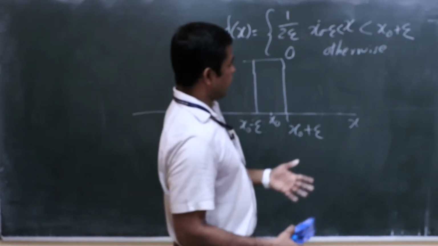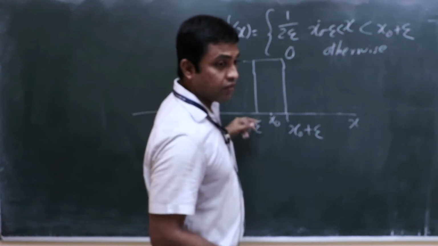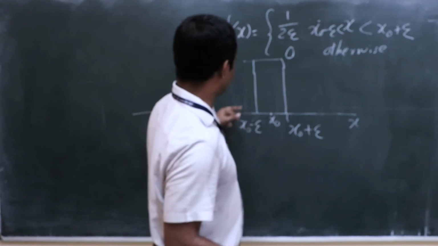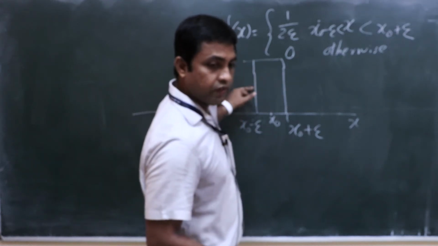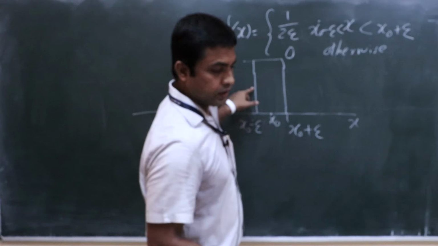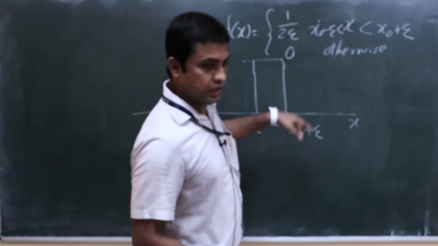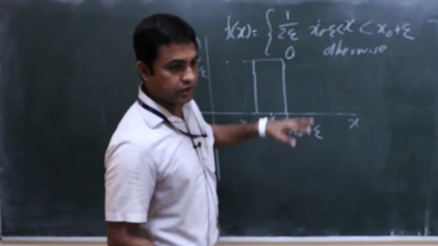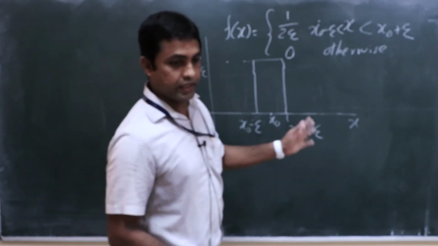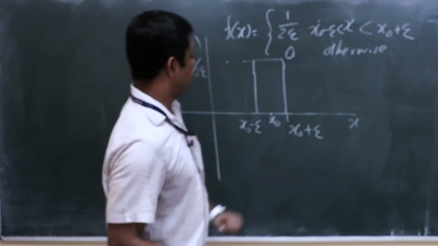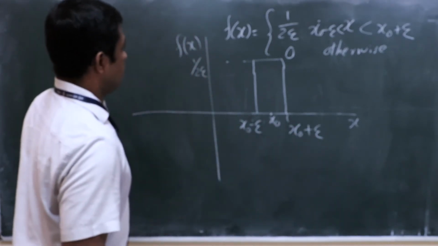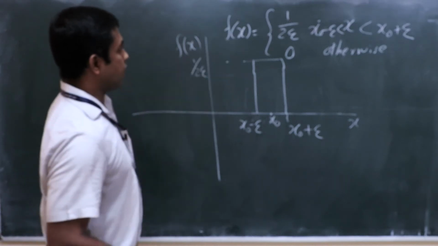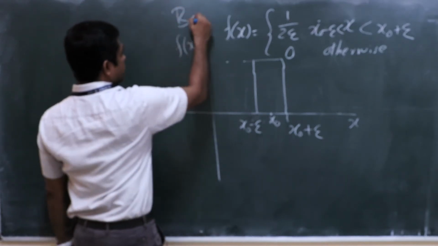So for calculation purposes, people take the average of these two, that means 0 plus 1 by 2 epsilon divided by 2. This is true for our theta of x function also. So theta of x function at x equal to 0 will be half. That is the general notation. So now take this box function. This is basically called the box function.